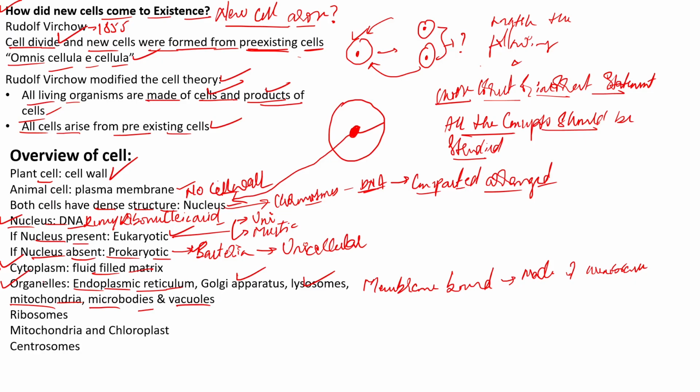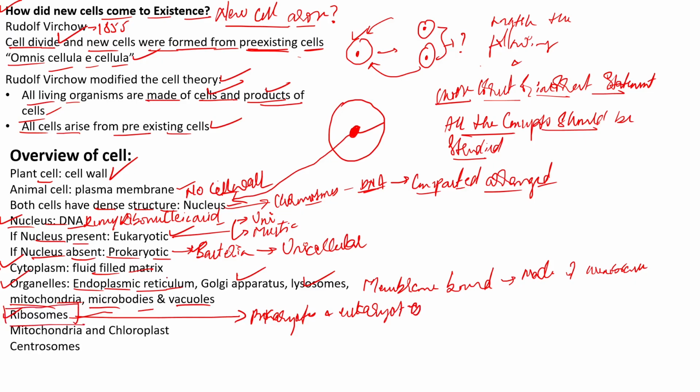You also find a common structure between the prokaryotes and the eukaryotes. This structure, found in both prokaryotes and eukaryotes, is the ribosomes.